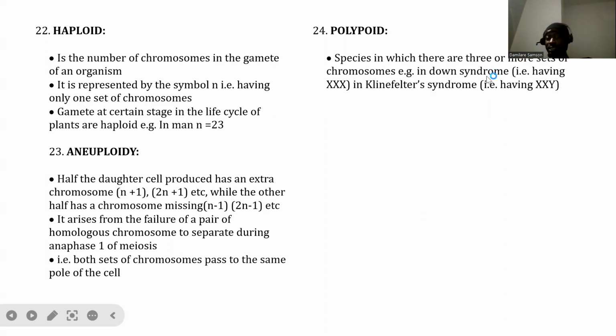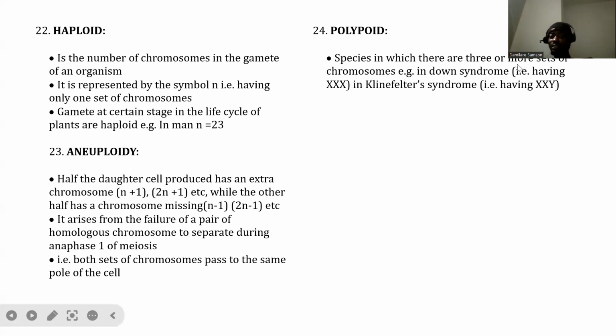We'll still talk more about Down syndrome. Like I told you, these are defects, things that are not supposed to happen. When chromosomes are supposed to divide and they are not dividing, like these homologous chromosomes, it causes an extra chromosome to go to one side or another, and in most cases it affects the organism being produced.